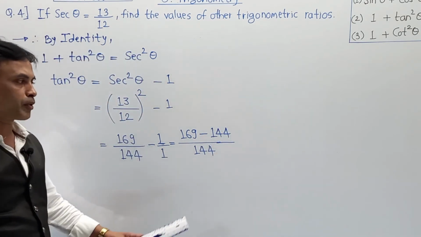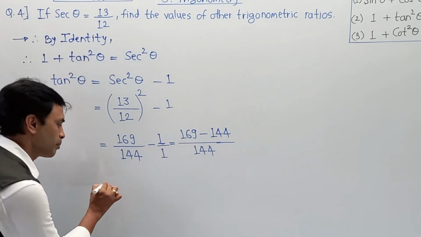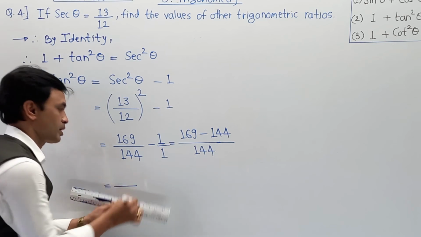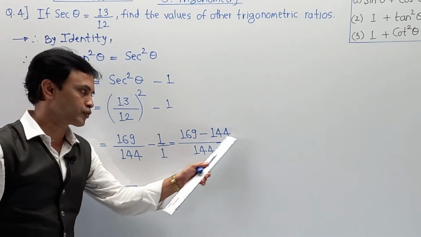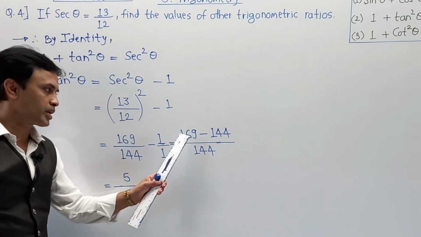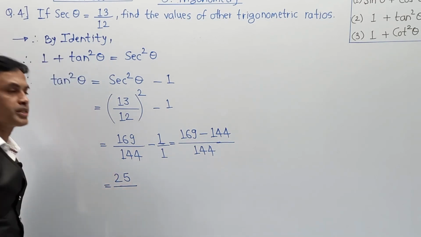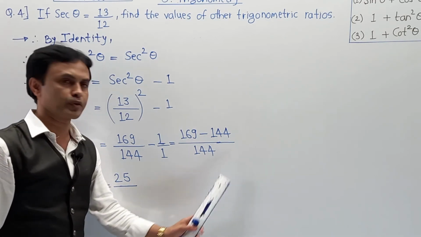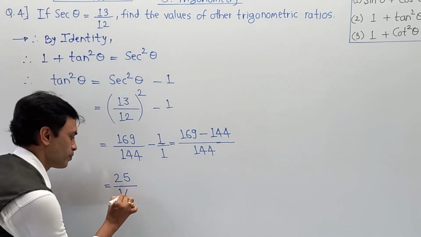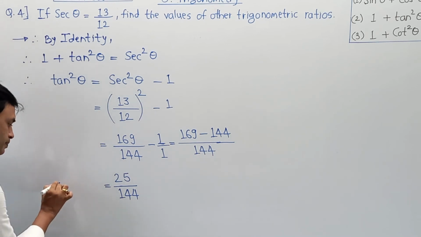Now we have to perform the subtraction between 169 minus 144. Here 9 minus 4 is 5, and 6 minus 4 is 2, so this is 25, divided by 144 as usual, because 1 minus 1 is 0. And this is your value of tan square theta.